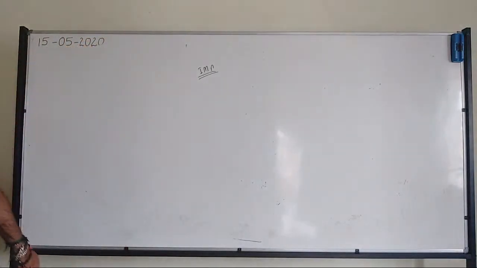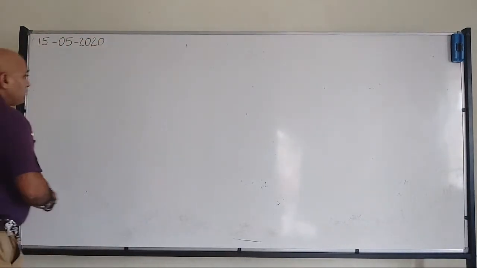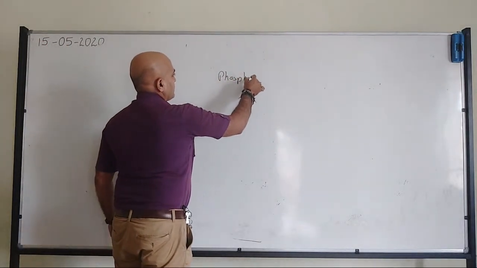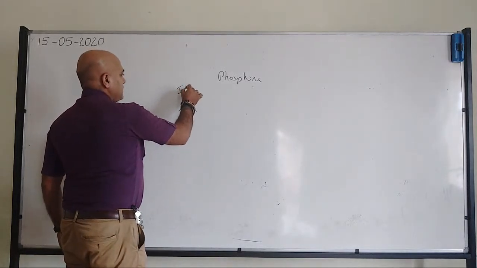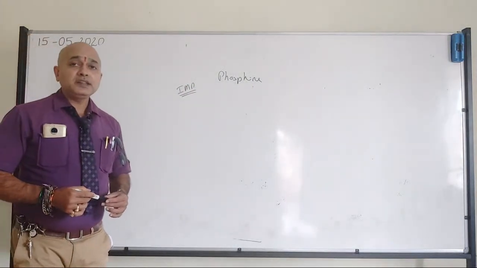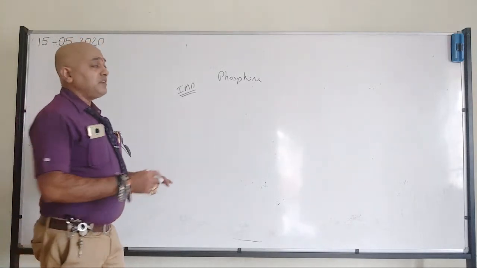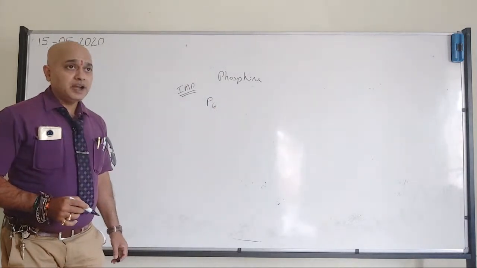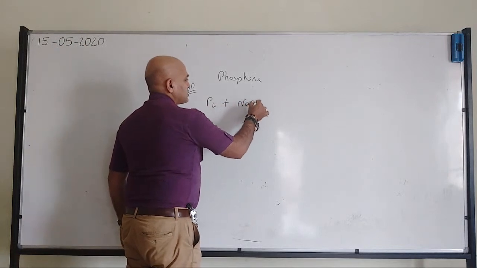Next one is related to phosphine. Now, one reaction that can be important is the laboratory preparation of phosphine. As I told, phosphine will be prepared by one method where P4, that is nothing but white phosphorus, is treated with NaOH.